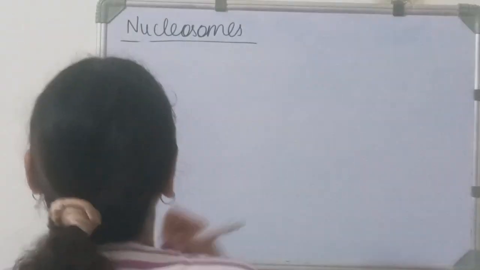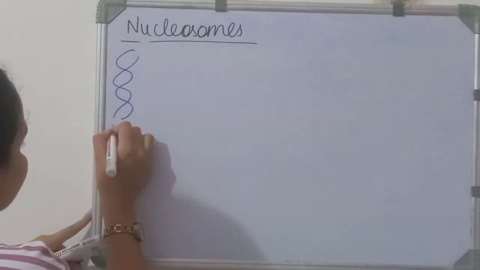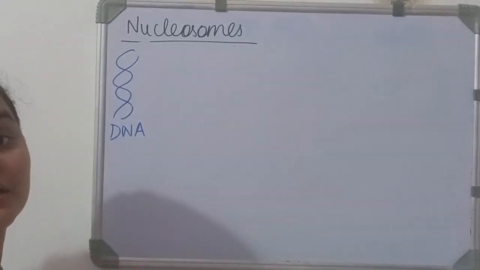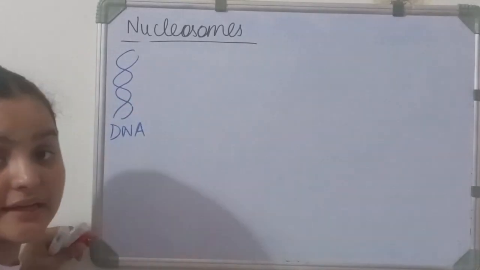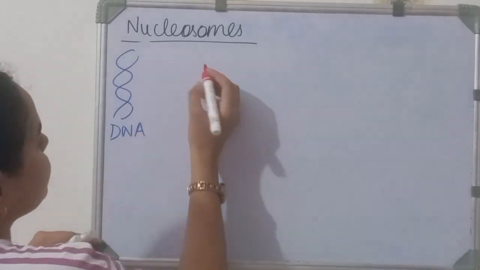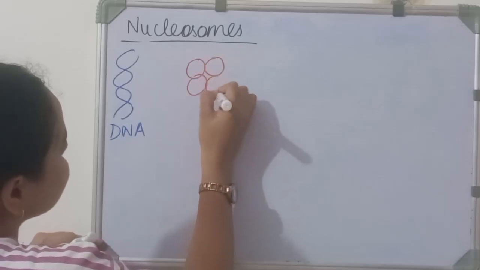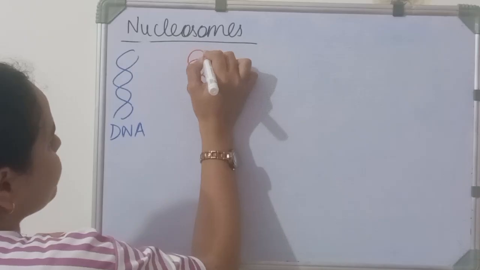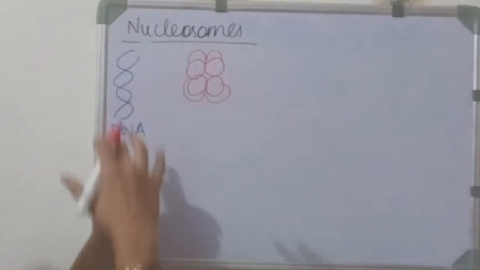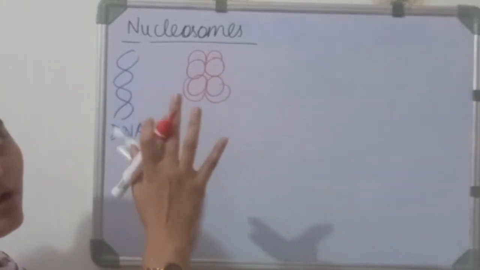Nucleosomes. I am drawing DNA. This is DNA. Next I am drawing histone proteins. Histone proteins are octamers; 8 subunits of histone proteins are found. So this is first, this is second, third, fourth, fifth, sixth, seventh and eighth. These first 4 are in front and behind them the next 4 are present.